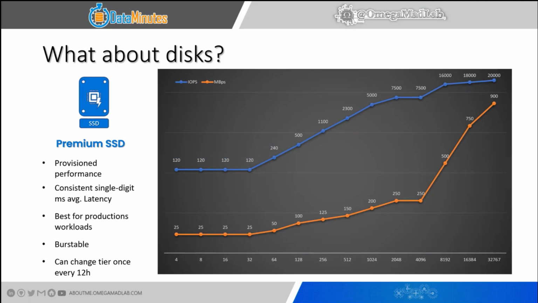With these disks, performance is provisioned. This means that you obtain what you are paying for. And again, the size directly impacts the performance of the disk, but here the numbers are way higher than before.